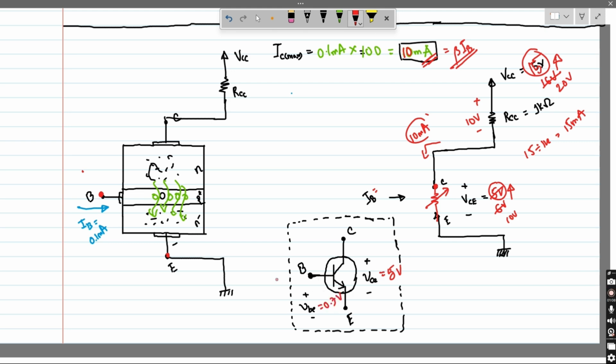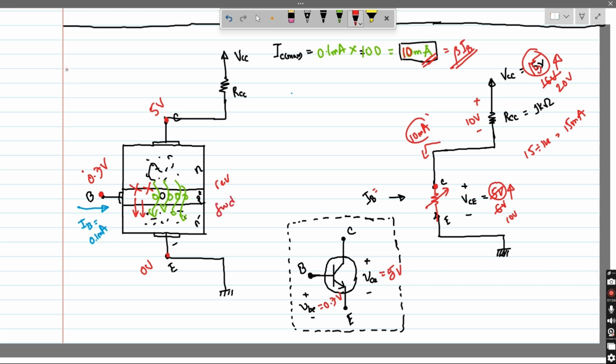So if the emitter is grounded, by nodal analysis, the potential at the base terminal will be 0.7 volt and the potential at the collector terminal will be 5 volts, which means the base to emitter junction, although forward biased, the base to collector junction is reverse biased.